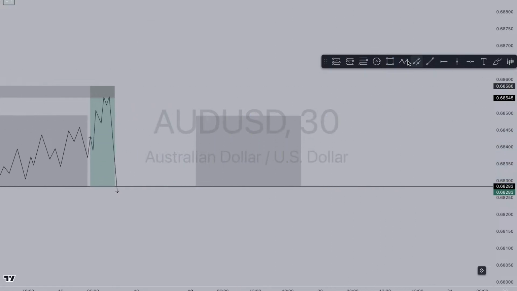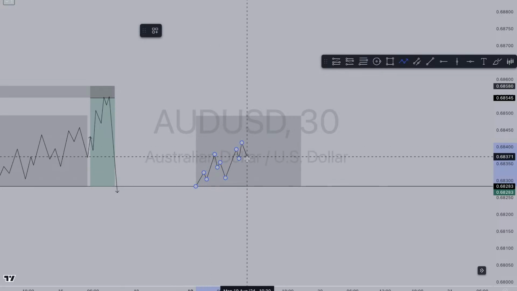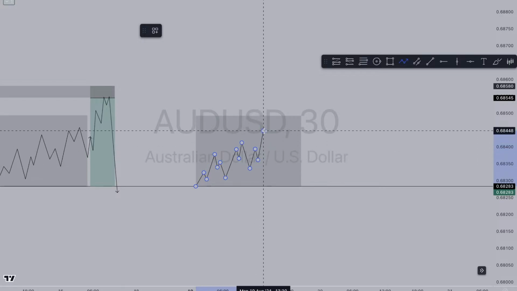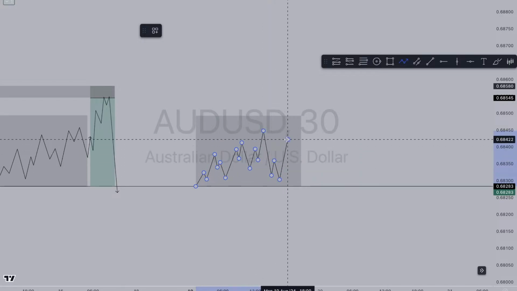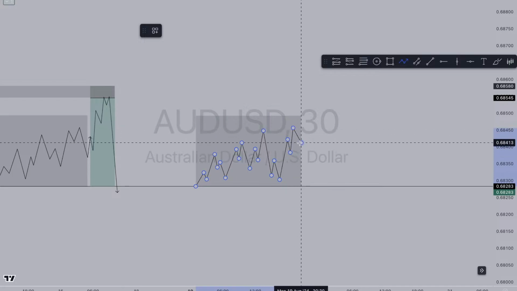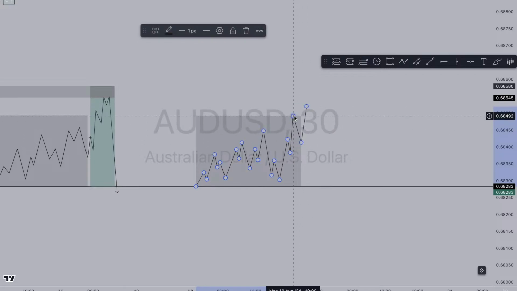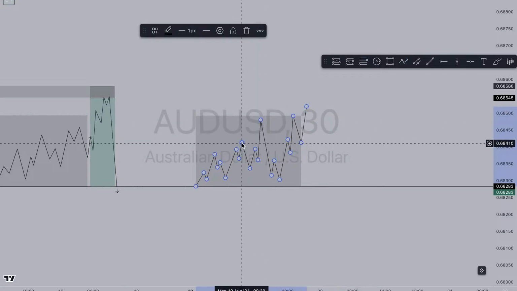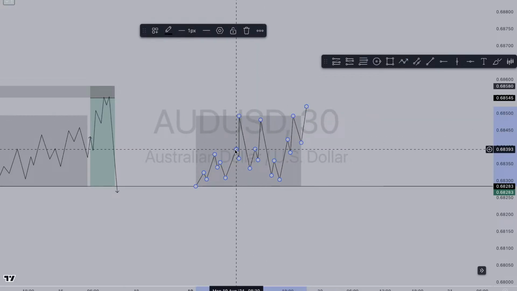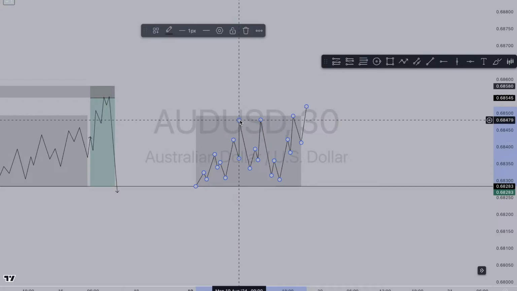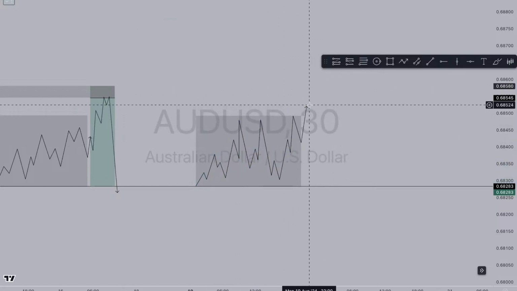Okay. Now we have structure. Boom. Asia session just giving us structure, not really doing much. Then come our time window. Sweeps the high of Asia. And these points have to get up this high in order for price to have formed Asia session there. So come our time window, the high got swept.